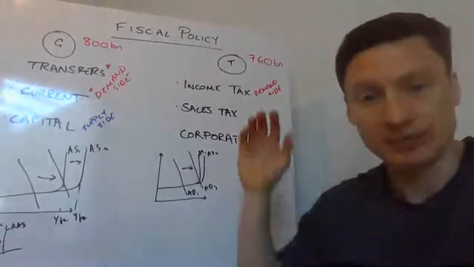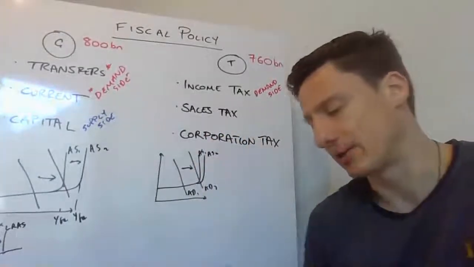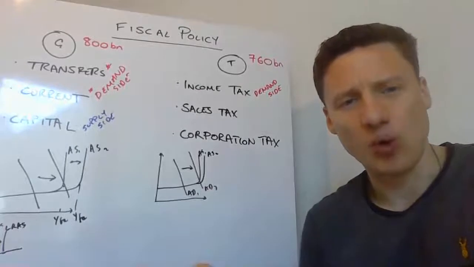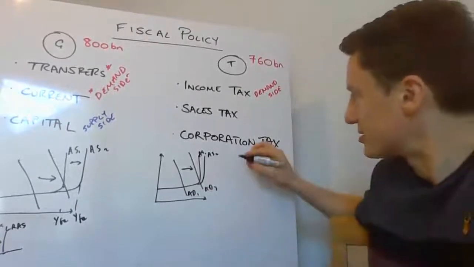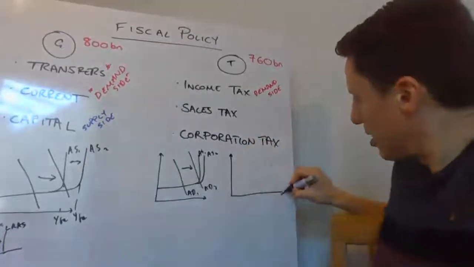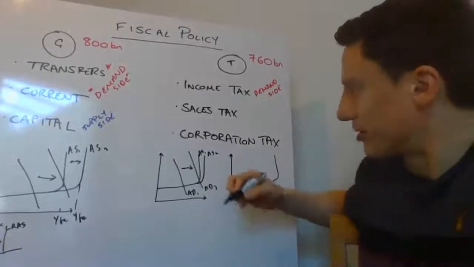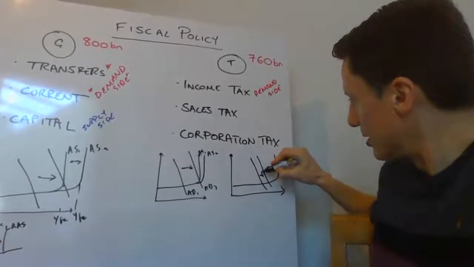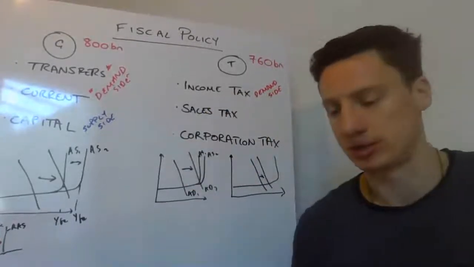Corporation tax, I realize I'm skipping sales tax for a moment, but I'll come back to that. Corporation tax is similar, but almost the other way around in a sense. I would expect if I decrease corporation tax, I would expect to have a small increase in aggregate demand, okay?